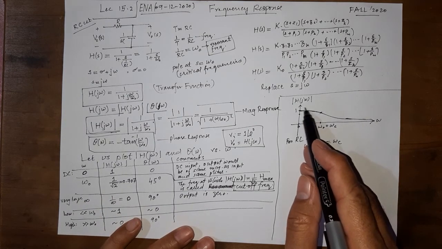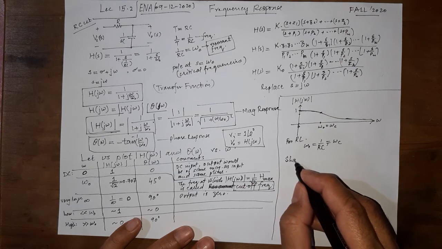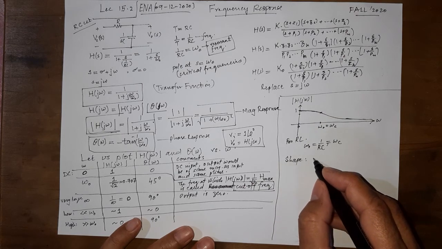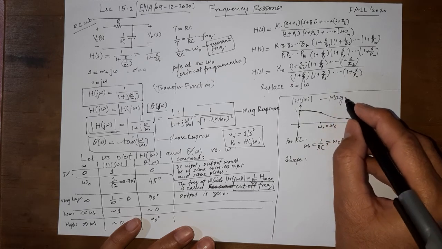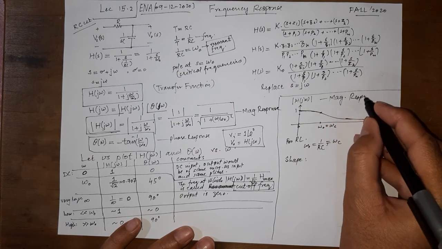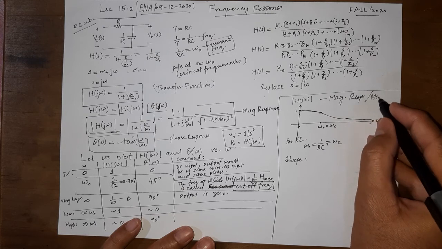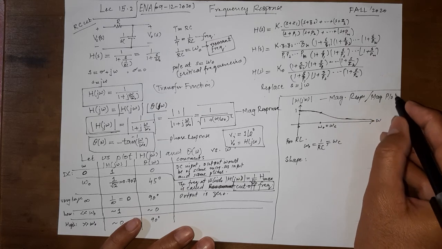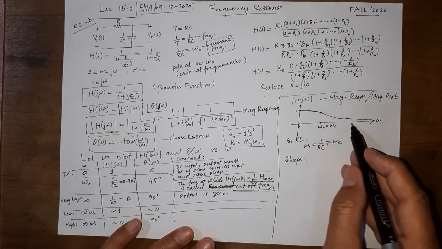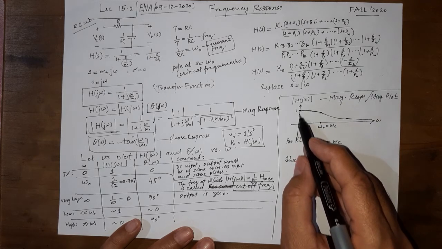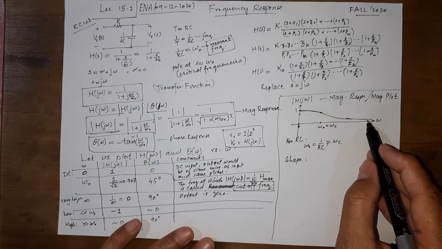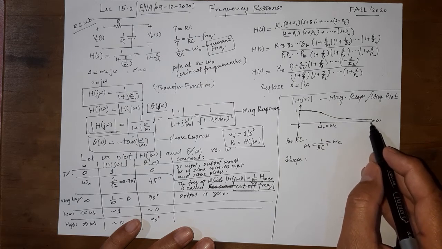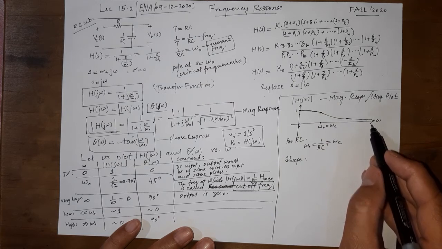So by looking at the shape of this magnitude graph, this is known as the magnitude response, or the magnitude plot. By the shape of it, we can see that higher output occurs when we are dealing with lower frequencies, and a lower output happens when we are dealing with higher frequencies.